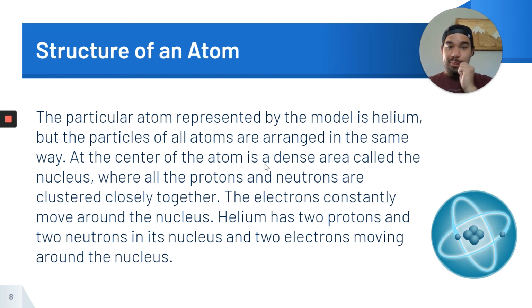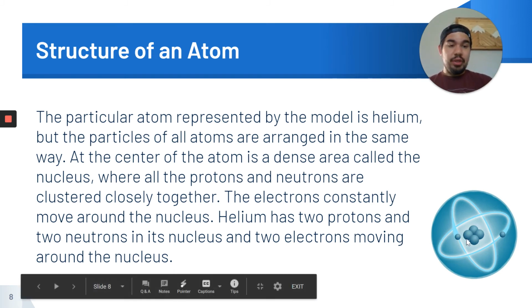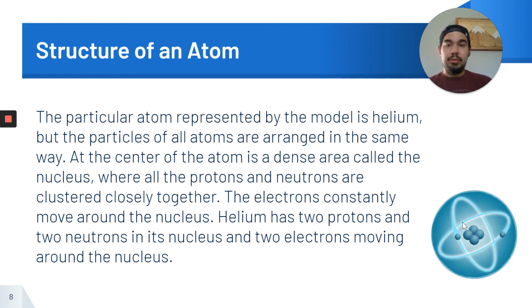Right. So in this particular picture, you can see we have four things here, right? Two of them are protons, two of them are neutrons. Protons and neutrons are found in the nucleus, meaning they're found kind of in this dense middle area. Electrons orbit around the nucleus.